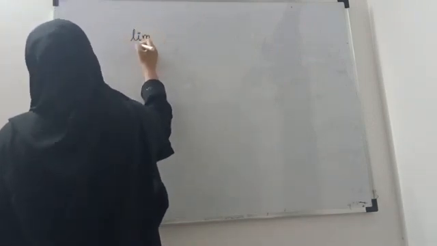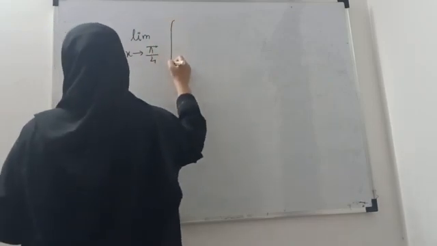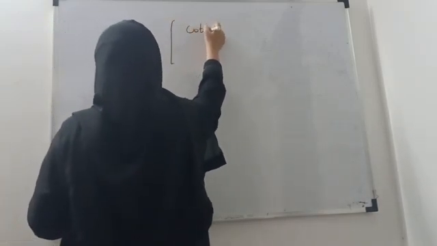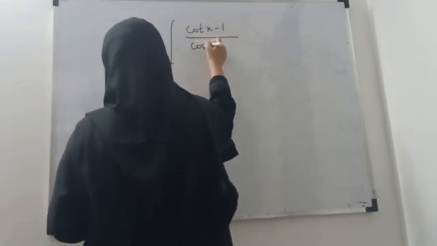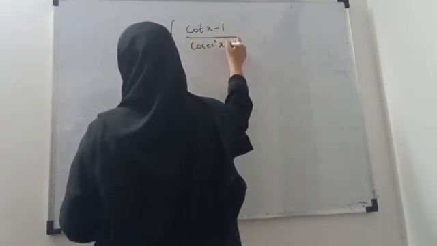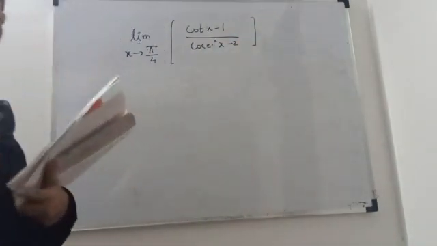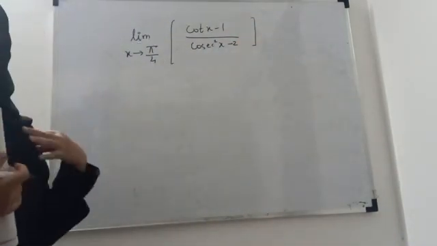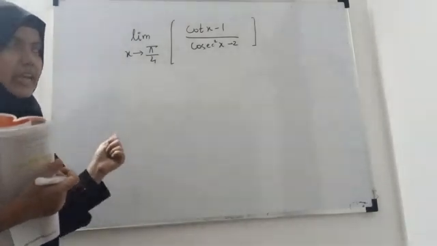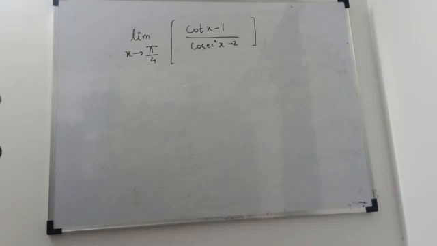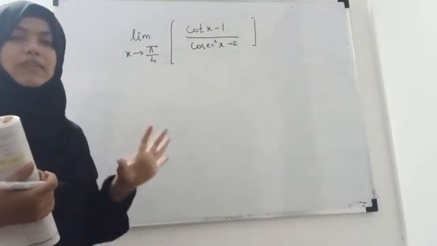Evaluate limit x tends to pi upon 4, cot x minus 1 divided by cosec square x minus 2. Okay. Now we will use some trigonometric identities which we have seen in chapter number 2 and 3 of part 1, right? We have seen lots of formulas and we know how to deal with trigonometric functions.